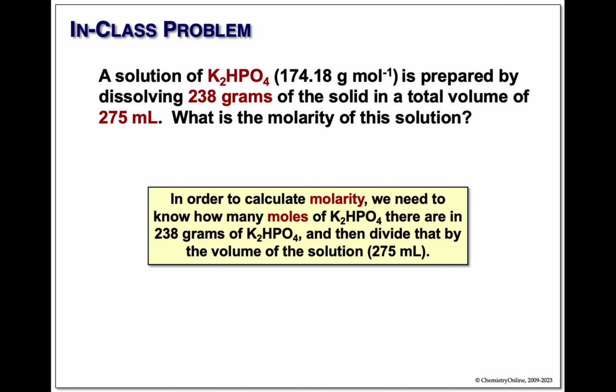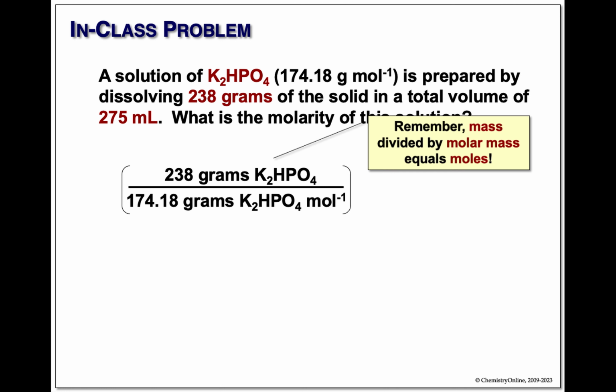We have a mass, we have a molar mass, that gives us moles. Divide our 275 by 1,000, that will give us our volume.